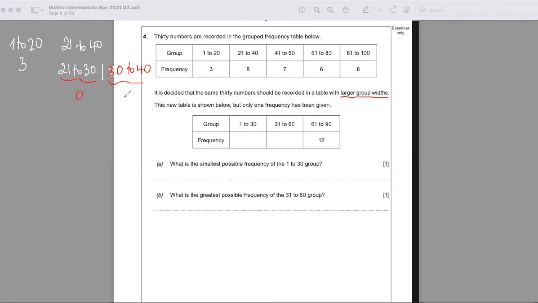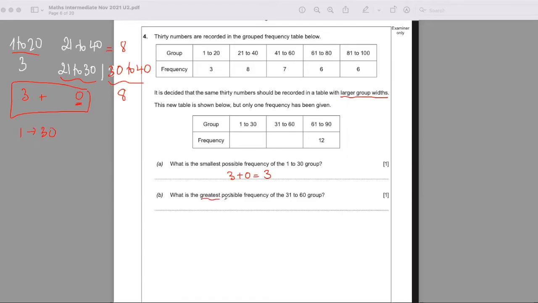There's nothing there, and then you still got 8 between 31 to 40, and that's still making this frequency 8 between 21 to 40. So that will be the smallest frequency for 21 to 30. 1 to 20 is still going to be 3, not going anywhere. So that will be the smallest possible frequency between 1 to 30, which is 3 plus 0, and just 3.